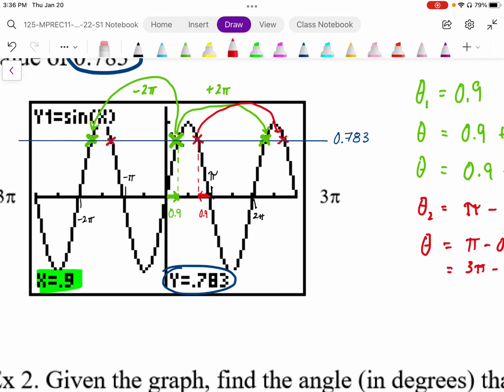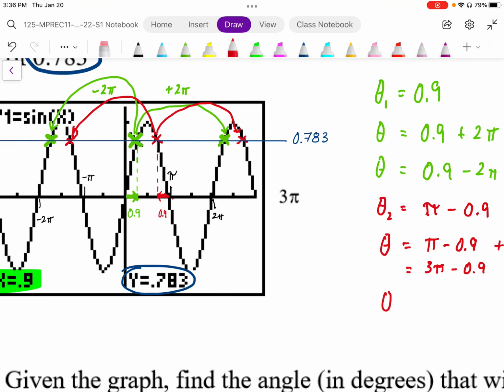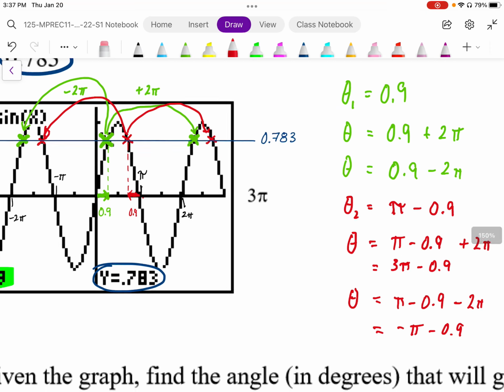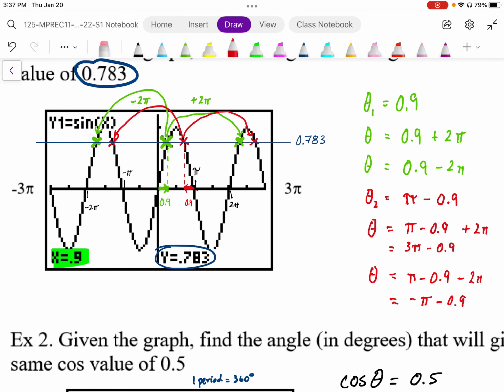And we can do the same going from the first red coordinate. We can go backwards, and that is also 2 pi. So we have the starting coordinate pi minus 0.9, and then we're going to go backwards 2 pi. So when we simplify that expression, we end up with negative pi minus 0.9 as the angle position on the x-axis.